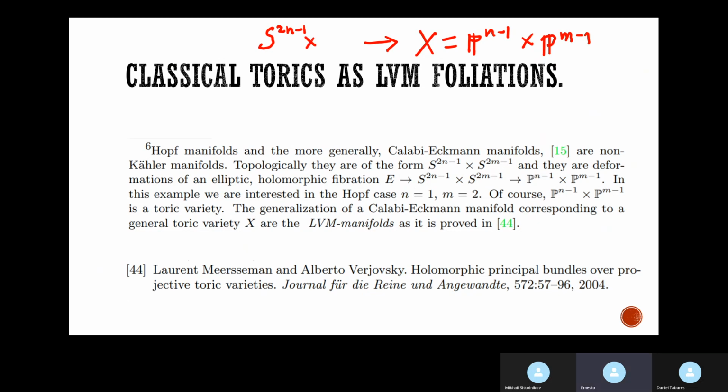So these are diffeomorphic to products of two odd spheres, but they are complex manifolds. And again, in this case, we get a famous elliptic fibration over this complex manifold, no longer an elliptic surface, and people have proved that these are generalized log transforms, no longer the classical log transform of Kodaira, but generalized versions of the log transform.